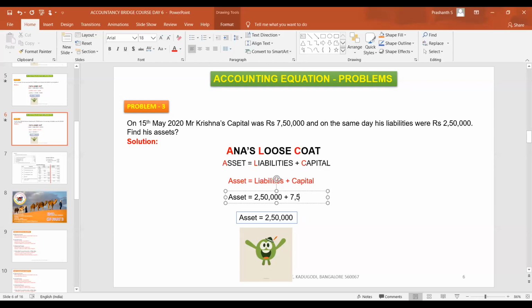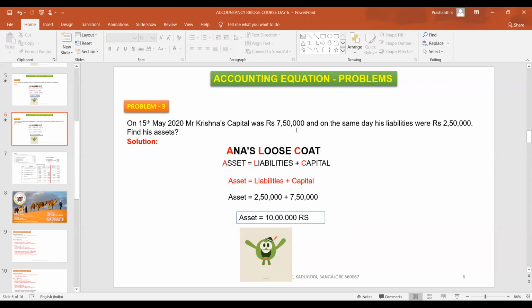So obviously 7,50,000 plus 2,50,000 means 3 lakhs. 7 plus 3 lakhs, it will become 10 lakhs. So what is the asset? Asset will become 10 lakh rupees. Good. Excellent.